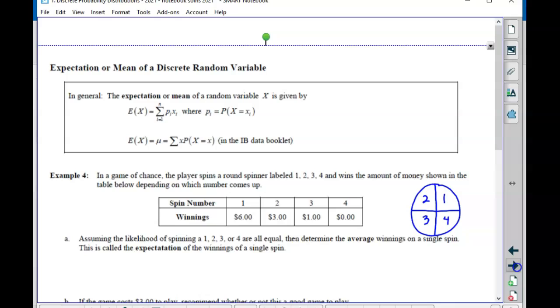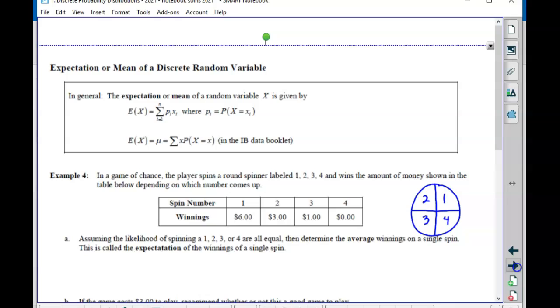That means the probability of landing on a 1 and a 2 and a 3 and a 4 are all the same. Okay, we would need to be told differently if this area here, say the area for 1, was a smaller spot, then that probability would be less, because the fraction of the total area would be less. Okay?